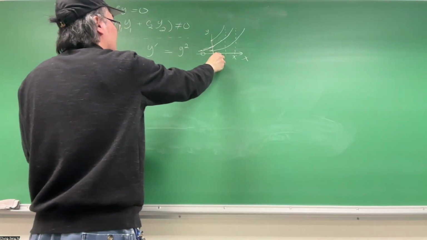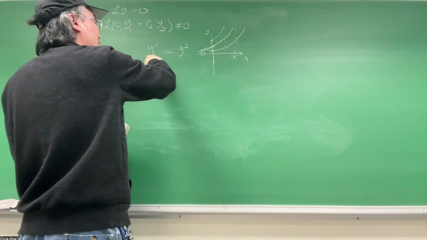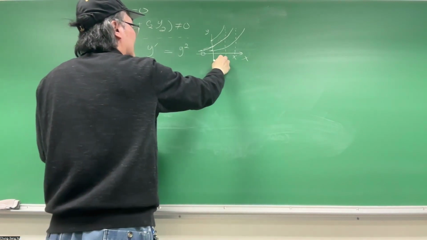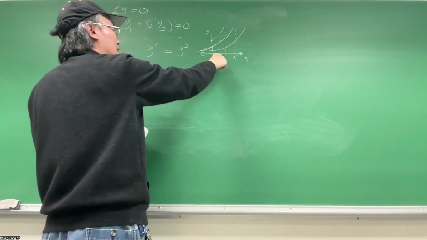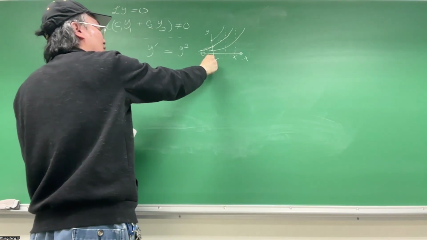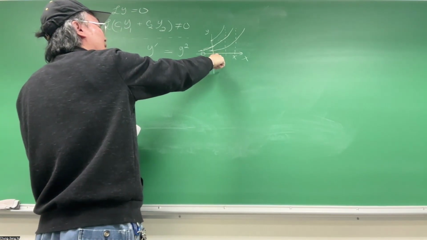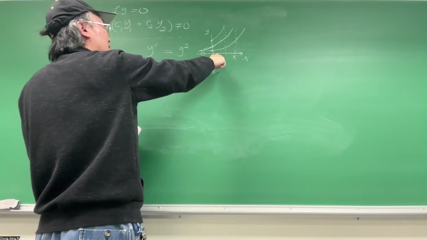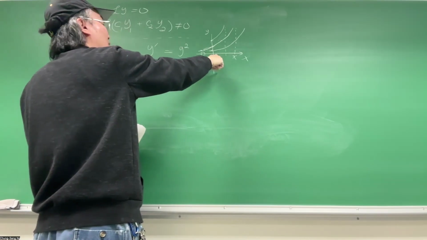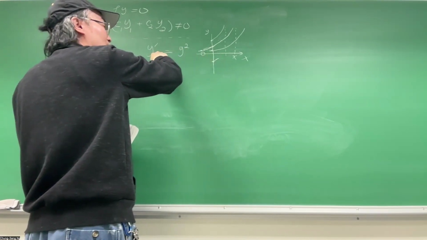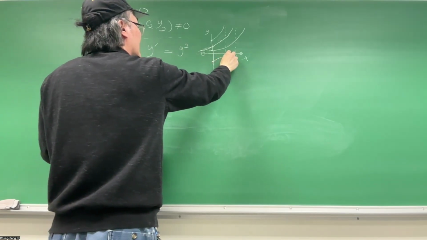When the magnitude decreases, then y squared decreases, y prime decreases, so the derivative actually decreases as you move up. When you move up, the absolute value of y is smaller, so y squared is smaller, the derivative is smaller. Then you go up even slower, and slower.